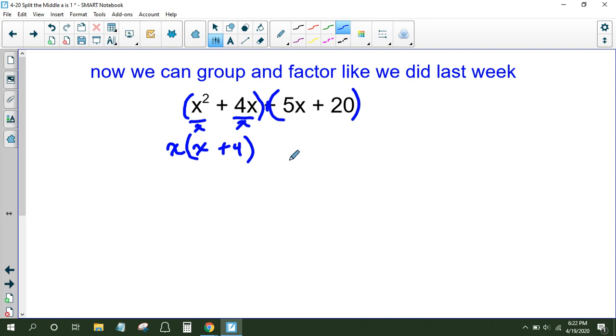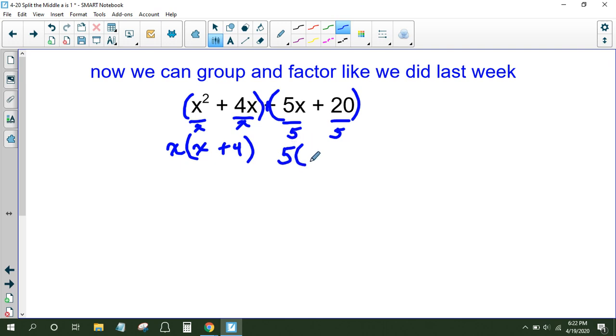All right, so the left side is taken care of. Now the right set of parentheses. We have a 5x and a 20. What can we divide both of those terms by? It looks like we could divide both of them by 5. So that's what we pull outside.